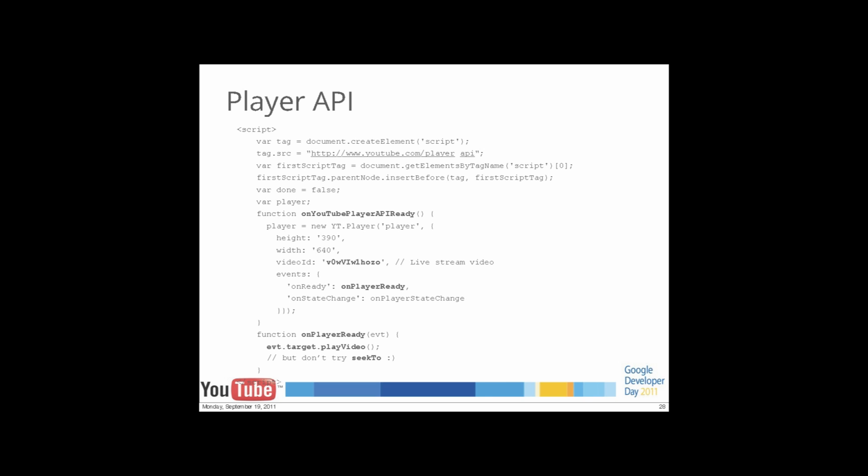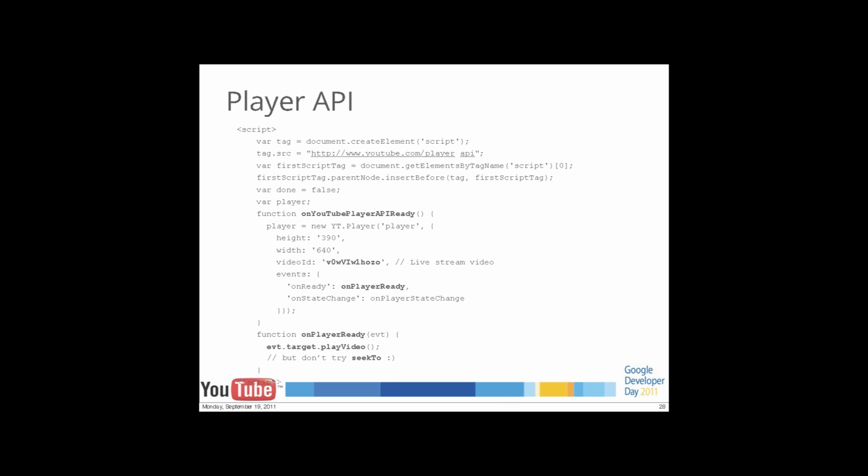So what this code example will do, it will actually load the YouTube API player library. It's JavaScript wrapper. It will load a video ID, and this video could be a live stream. It doesn't have to be video on demand, regular YouTube video. It will register a couple of event listeners, so on player ready and player state change.